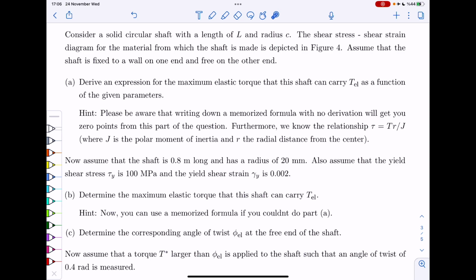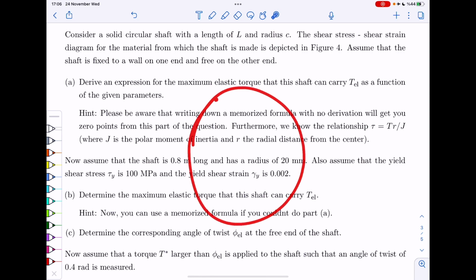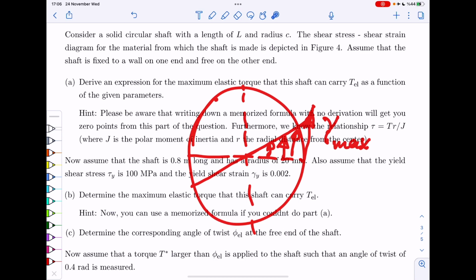So this is our very simple twist of a circular shaft, and as you know, you will get an angle of twist, and then you have a distribution of shear strain. On the outside you have your gamma max, and on the inside you have your gamma, related by R over C times gamma max. This is your linear shear strain distribution.